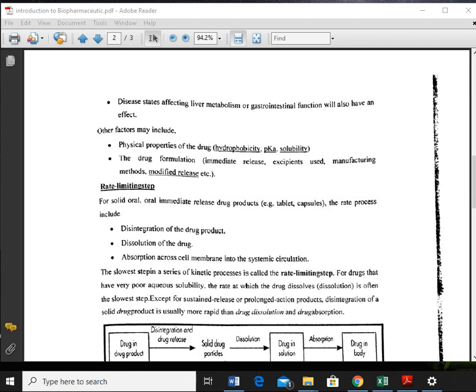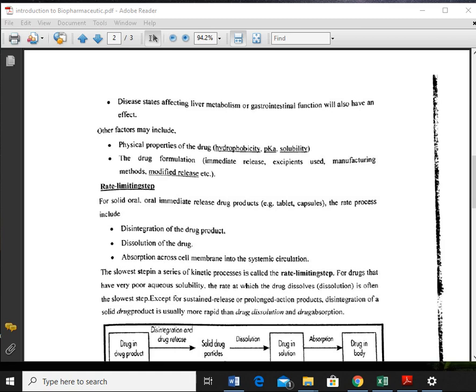And the drug formulation: whether the drug is immediate release, which kind of excipient is used to make such a formulation, or what kind of excipient the pharma industry is going to use in such a drug.